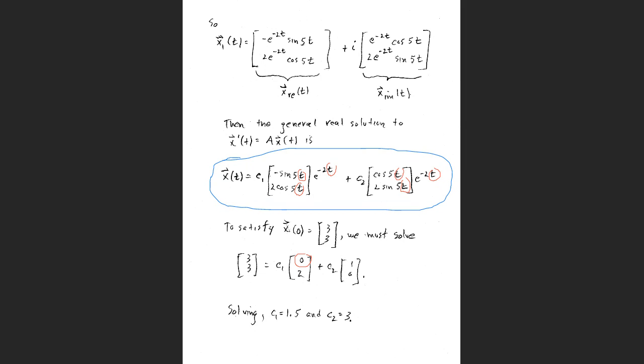That's 0. This value is a 2 because 2 times the cosine of 0 is 2 times 1. And similarly, you'll get 1 and 0 over here. This allows you then to solve for C1 and C2. Are there any questions before we move to the next page?